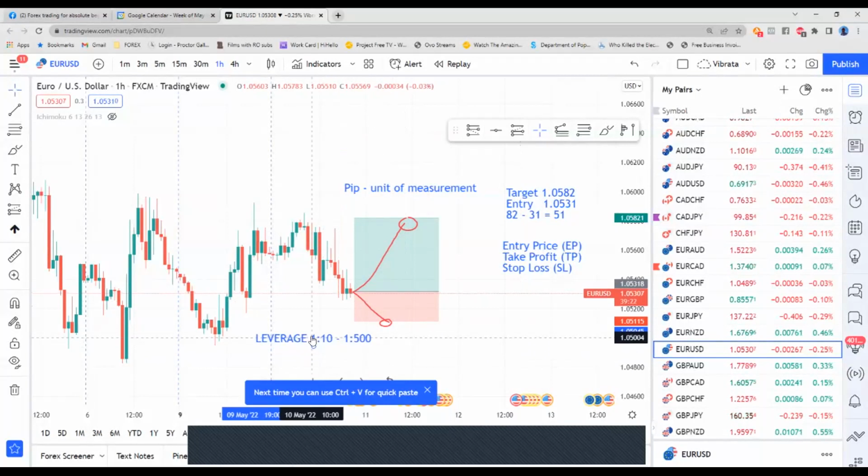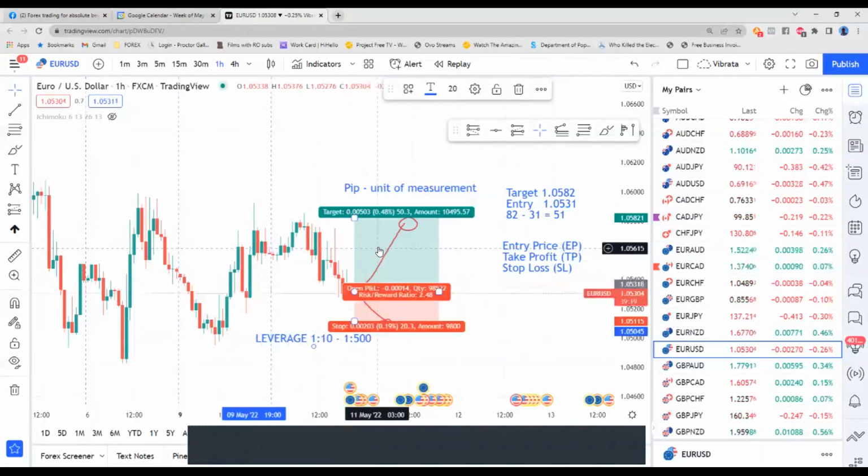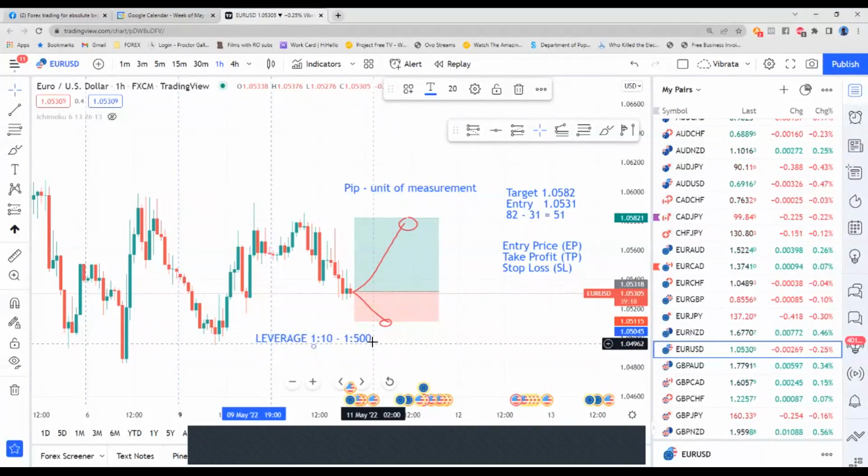For the purpose of this evening's workshop, I'm just going to keep it simple and imagine that we're trading with a leverage of 1 to 100. This means that for the purposes of trading, your broker is going to magnify your funds by 100 times.